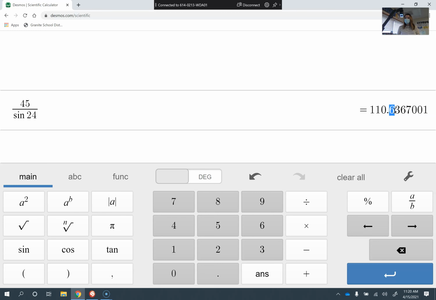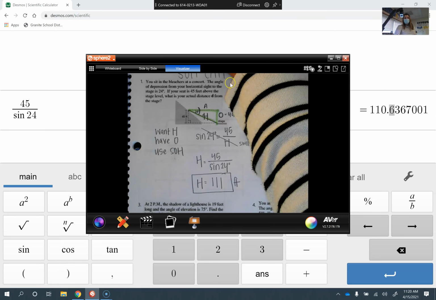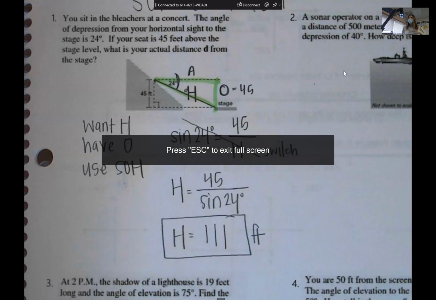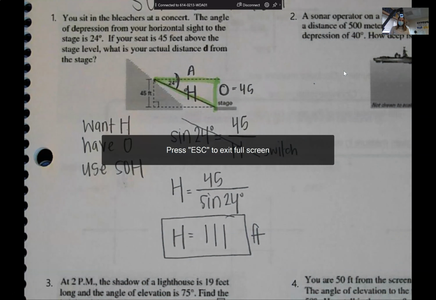So instead of 110, we're going to say that that distance is 111 feet. In Canvas, you're not going to need to put in the units, so I'm not going to box the units, just so you know you don't have to write in FT in Canvas. All you need to do is write in the number. So the actual distance from you to the stage is 111.